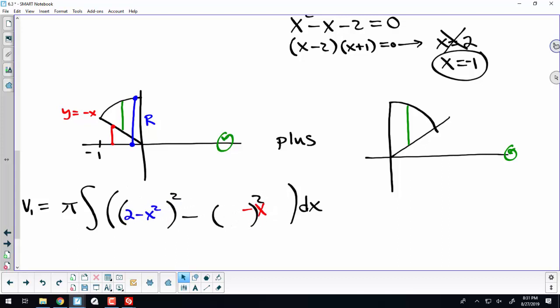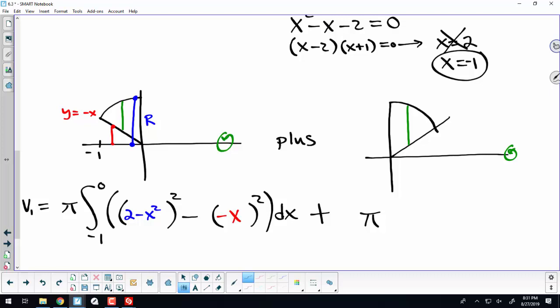But again, that's going to give us the volume of just that half of the figure. We have to add to that the volume here, which is very similar. Let's talk about the bounds on x for the first figure: from -1 to 0. And then this one will go from 0 to +1, pi times the outer radius squared.